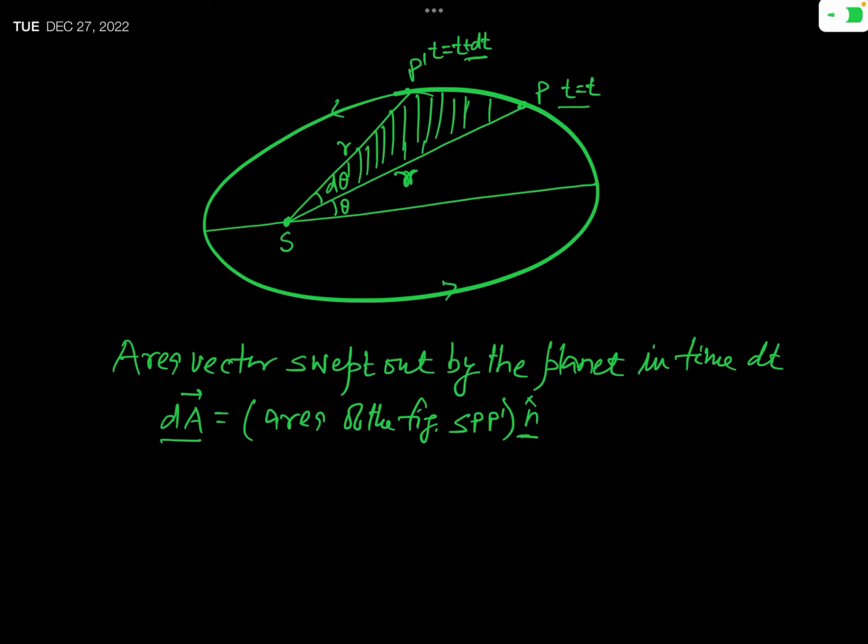Now, as dt is very small, this point P dashed will be very close to P. And if P dash is very close to P, definitely you can assume PP dash as a straight line. So dt is small, that implies PP dash is almost straight.